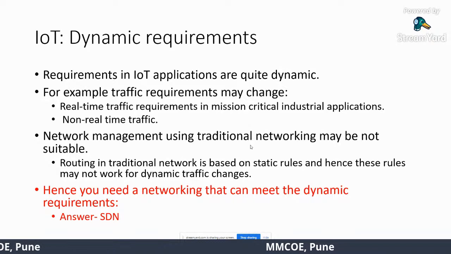We understand that SDN answers some of these challenges which we can see with the traditional network, right? Something like network management is one of those challenges we have seen already. If something changes in terms of policy, it's quite difficult to update on such a highly distributed traditional network of routers. Quite easy to do it on the SDN controller, because the SDN controller has the global view of the entire network, right?